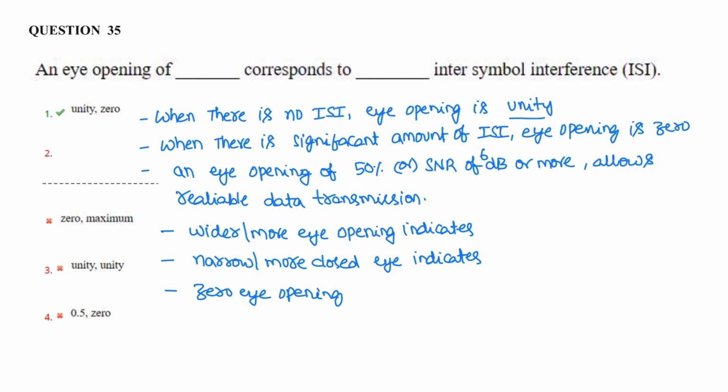Wider eye opening indicates lower error rates, and a narrow, more closed eye indicates higher error rates.